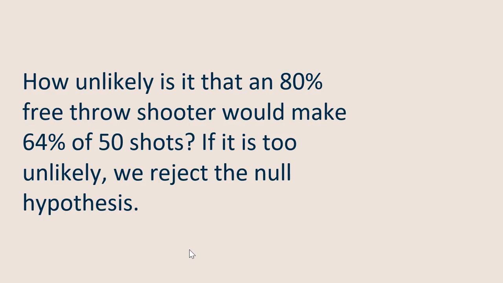That is the question that we are trying to answer. If it's too unlikely, all right, if it's really unlikely that an 80% free throw shooter would only shoot 64%, then we reject the null hypothesis. Okay, that's the terminology there. Reject the null hypothesis and say that Coach Rivers is not actually an 80% free throw shooter.